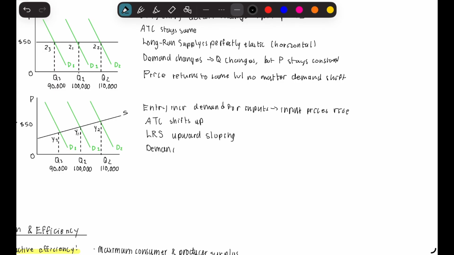When your demand increases, both your price and your quantity increase in the long run. Price increases here in the long run due to higher costs.